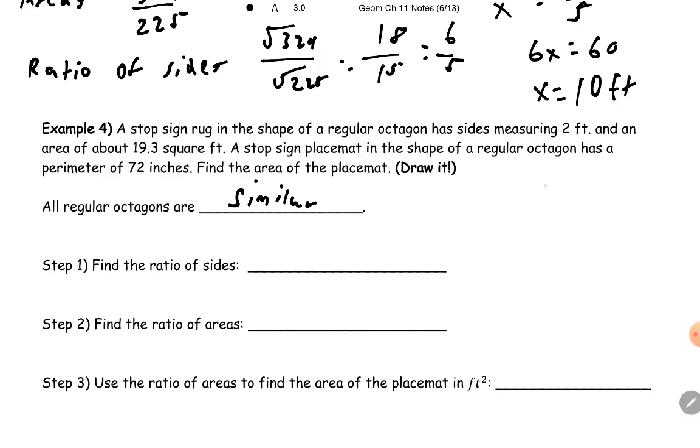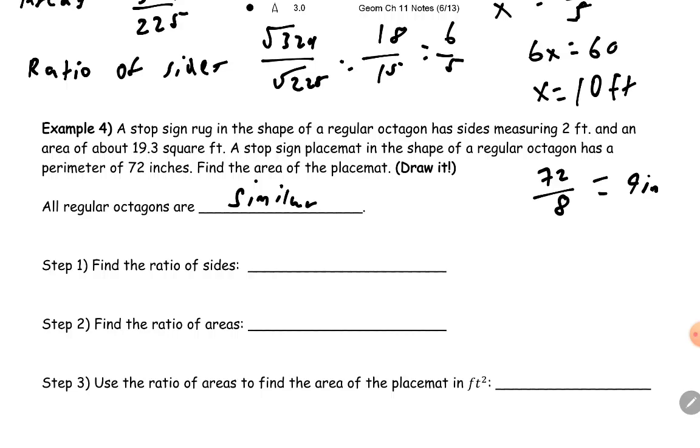Okay, so if we wanted to find the length of each side, we would take that 72 divided by 8 sides to get 9. So this is 9 inches.